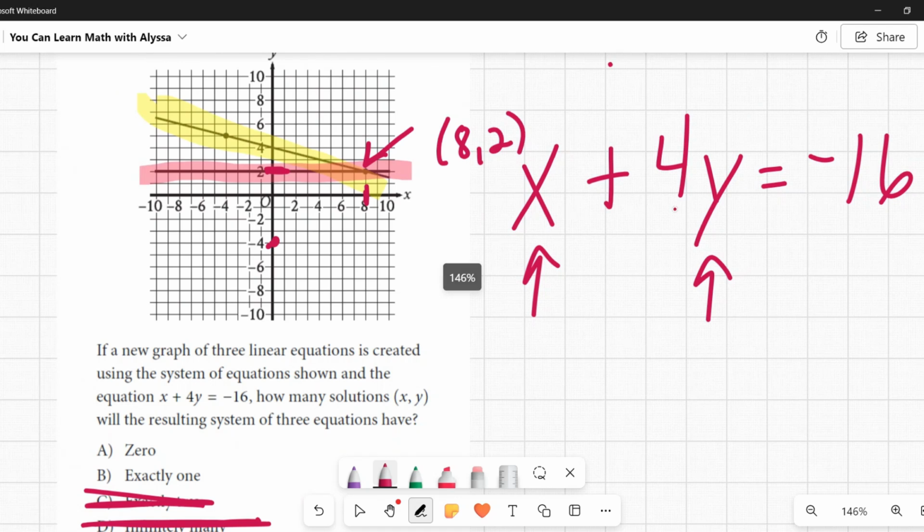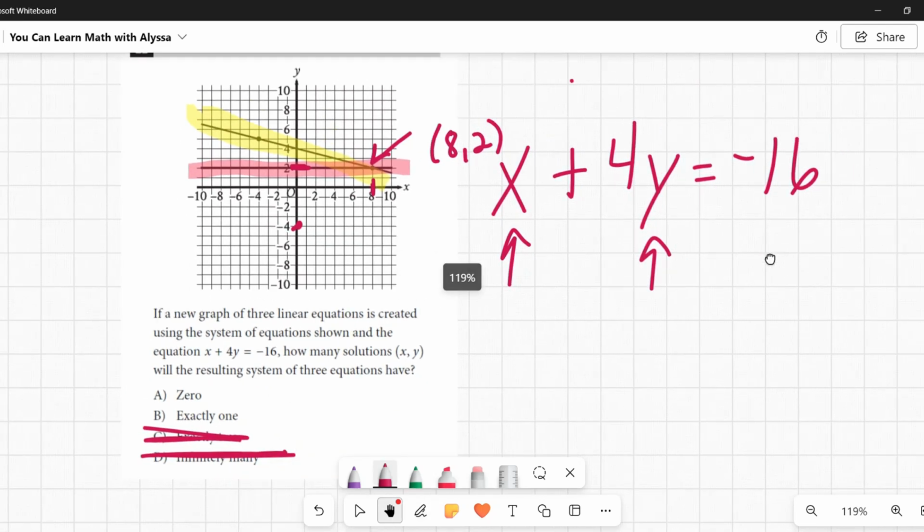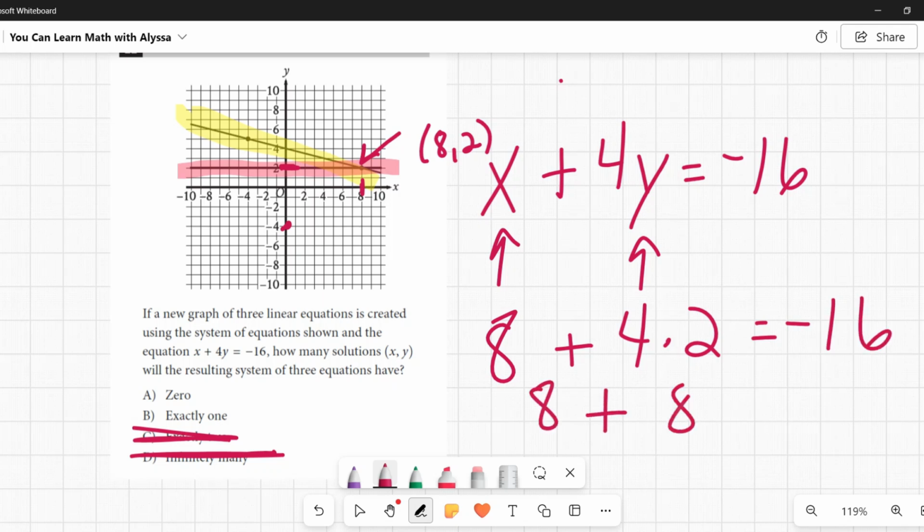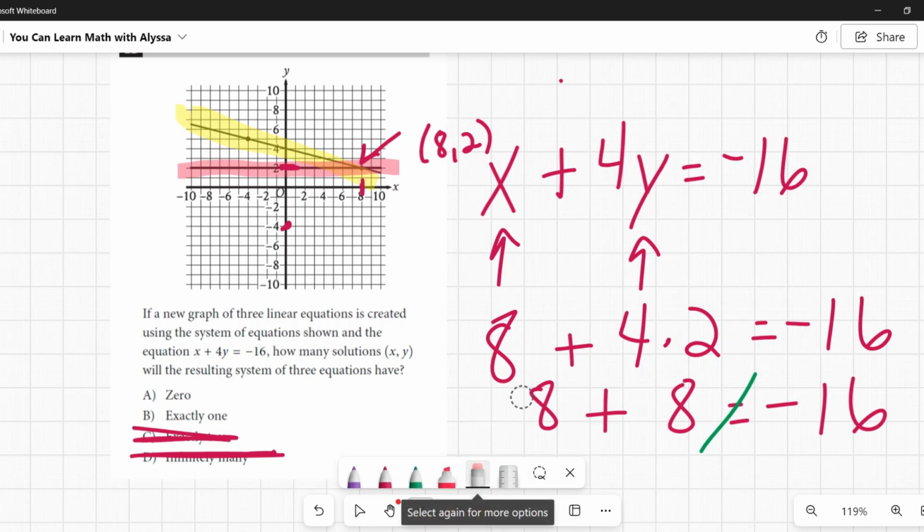You don't even have to draw it. So if x is 8 and y is 2, 8 plus 4 times 2, or 8 plus 8, does that equal negative 16? No, that equals positive 16. So there's another way of looking at it. Nope, it doesn't work. It will not go in there.